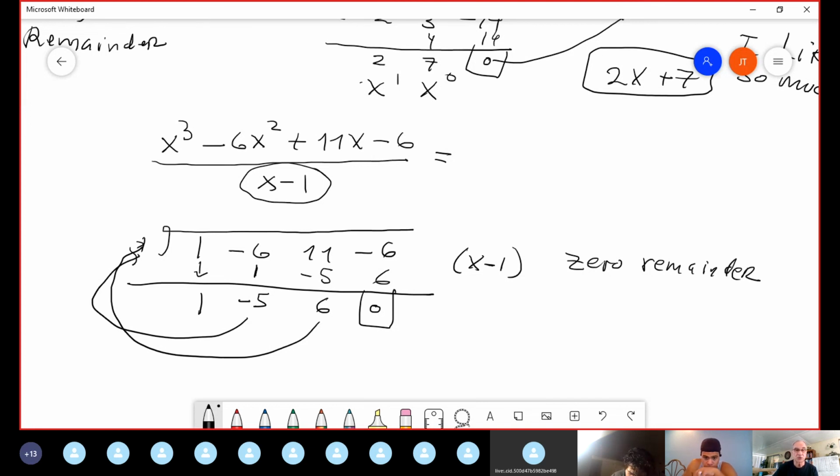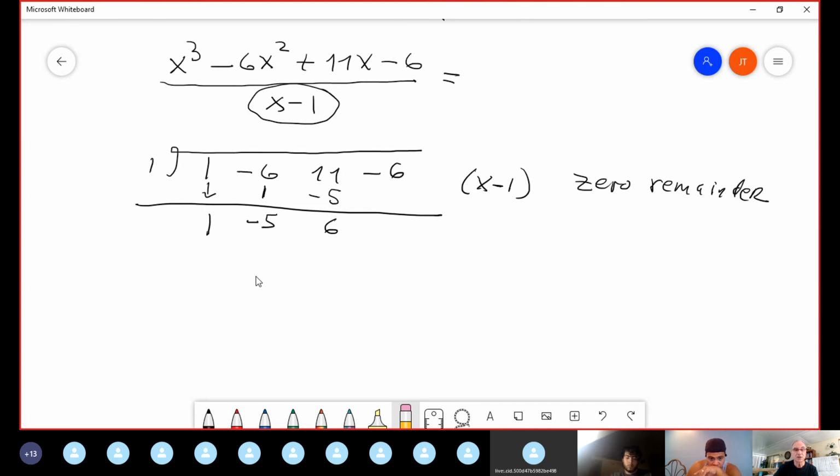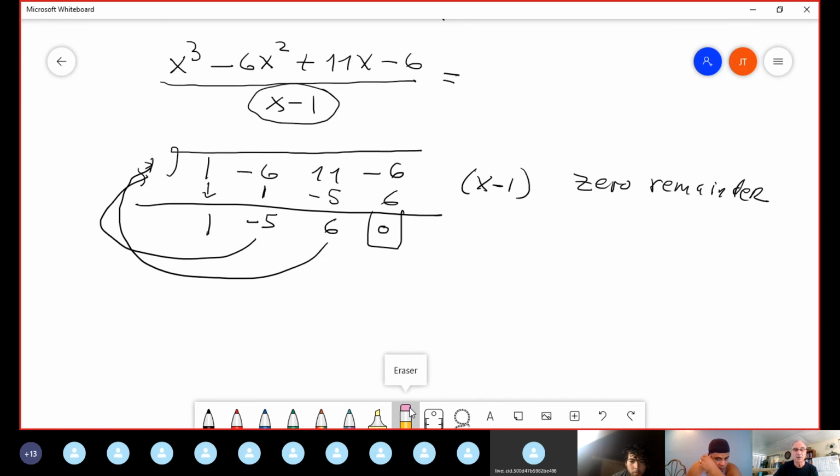Let me continue performing more synthetic division, because I want to complete the factorization. Okay, don't worry. I copy. I continue. Let me use another color, blue. Suppose I want to continue with another synthetic division using, for example, 2.